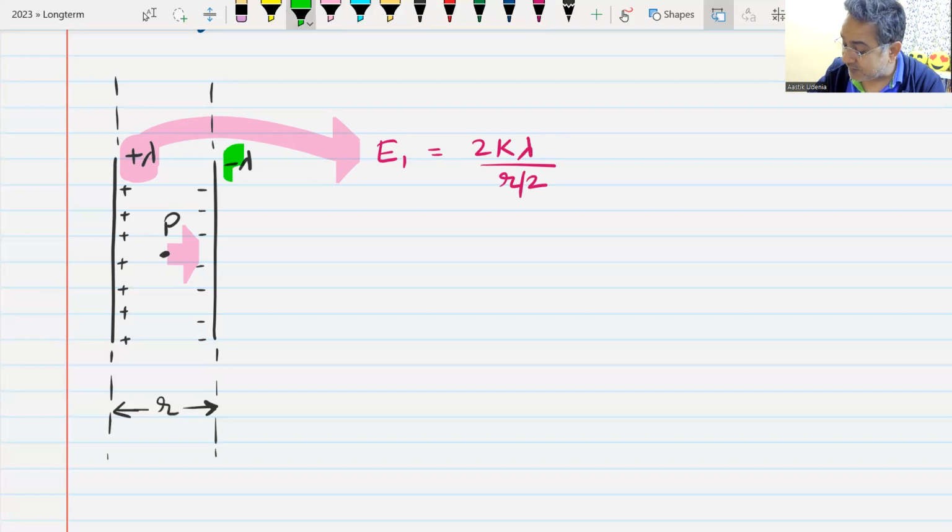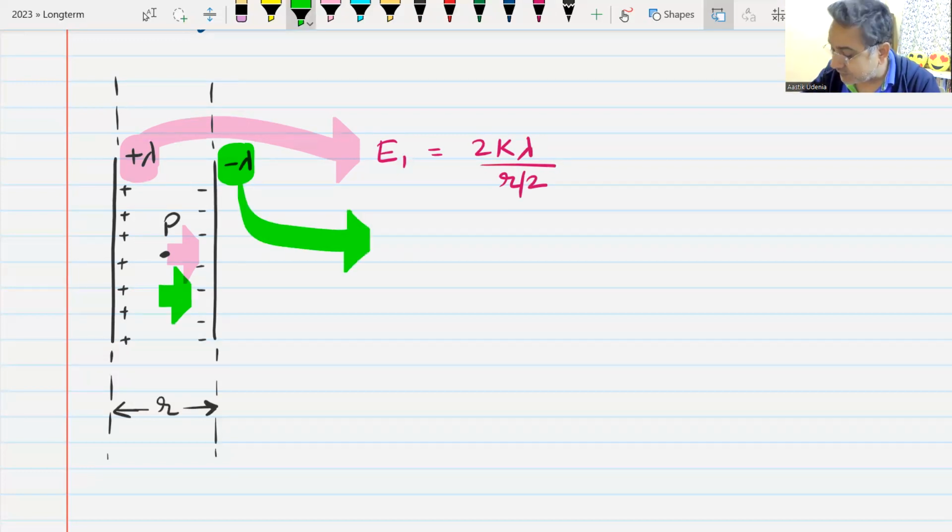If I call the other wire the green wire, it is a negative wire. It will create an electric field in the direction towards it. Towards it means it will be like this. How much will this green field be equal to? 2k lambda divided by r by 2.